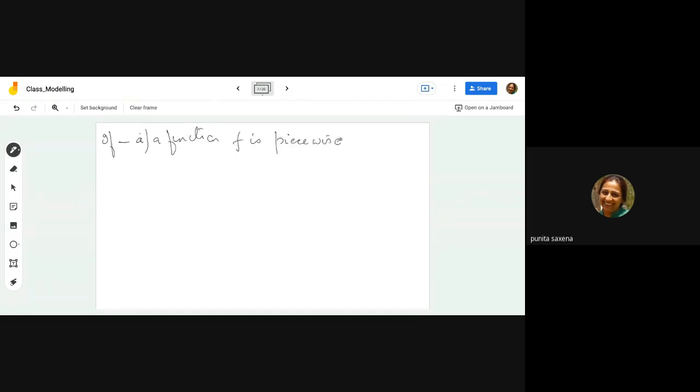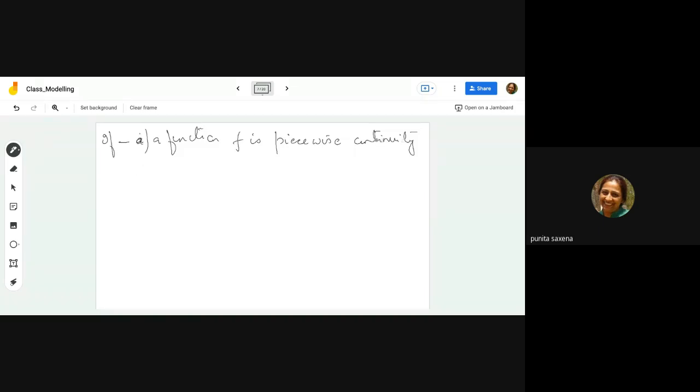This condition is very good. We need not want our function to be continuous in the whole interval. Even if it's piecewise continuous, we are good with it. The only thing is that we want only a finite number of discontinuities.